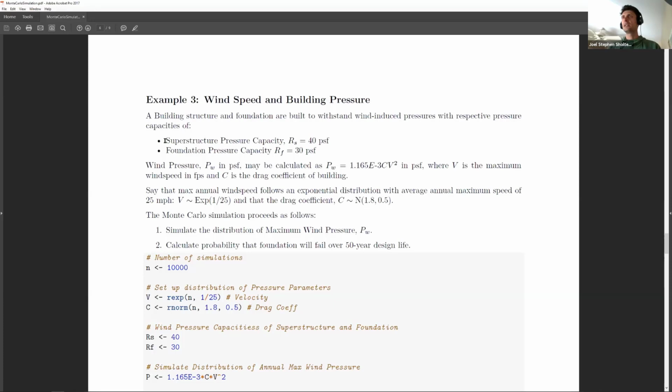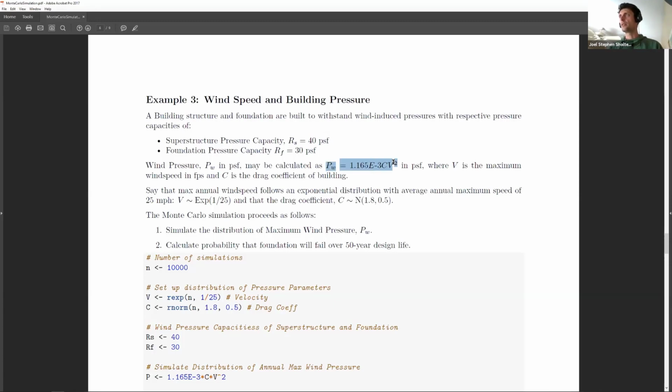So the capacity for pressure force, these are pressure terms, for the superstructure is 40 psf, and for the foundation it's 30 psf. So if we get a wind load that induces a pressure on the building that's greater than this, then we have failure of the foundation or the structure.